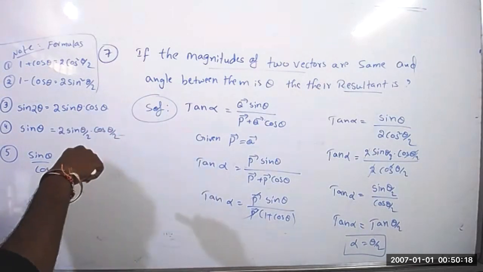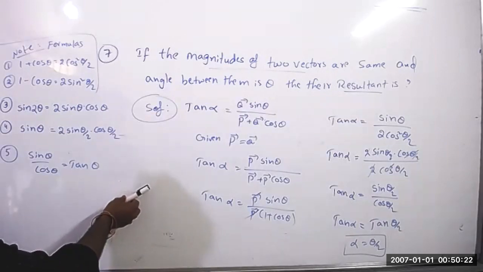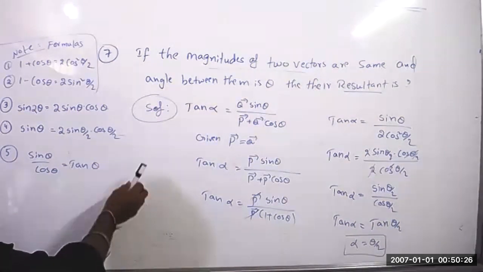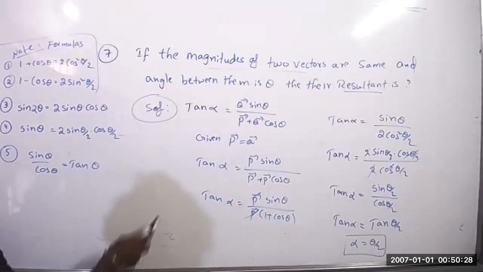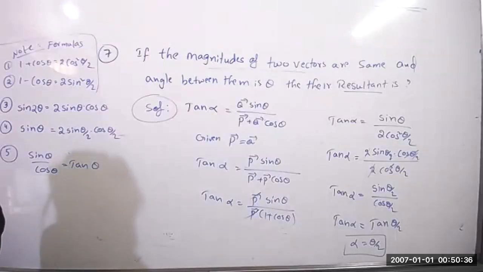It means the resultant is making theta by 2 angle with P bar. Any value, like if you take theta as 10, it will become 5. 10 means 5, 60 means 30, 90 means 45, like that.